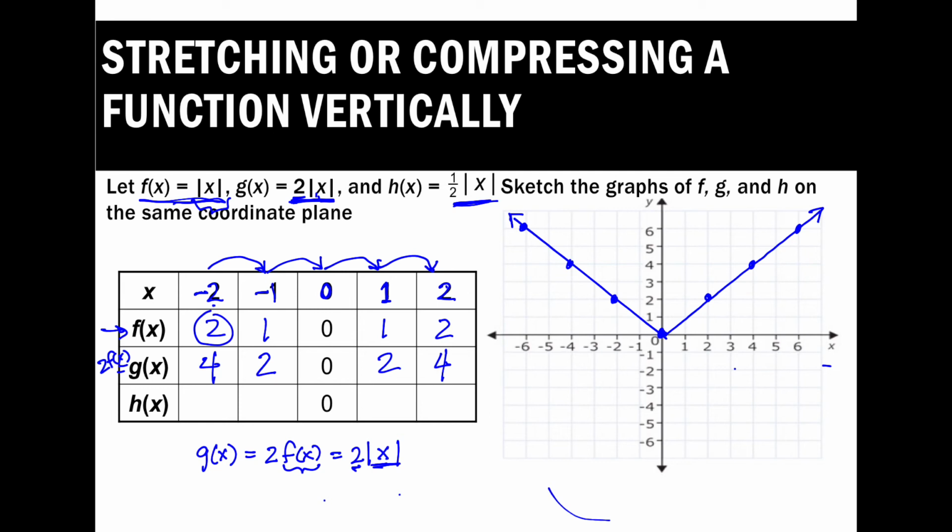Plotting those out, and let's put those in red, because that's the color I'm going to use here. We see 0, 0, so the same starting point. Negative 2 is giving me 4, and positive 2 is giving me 4.